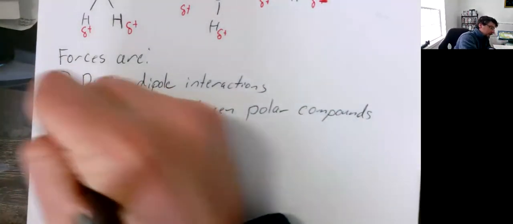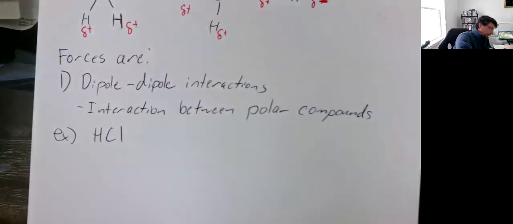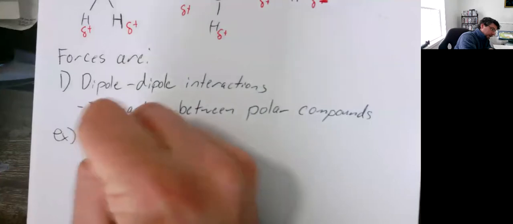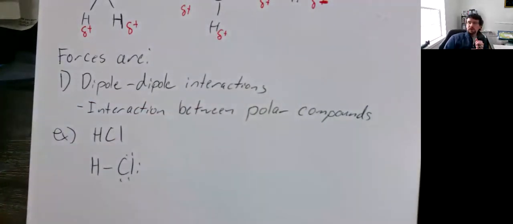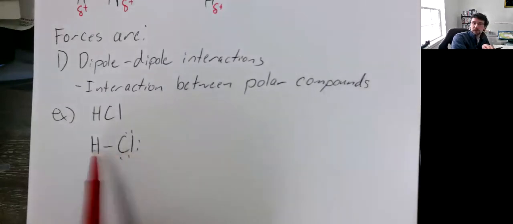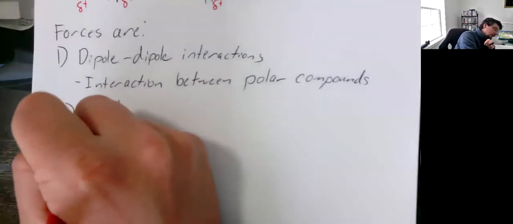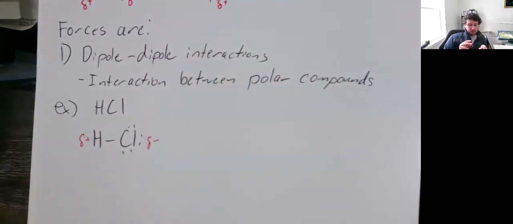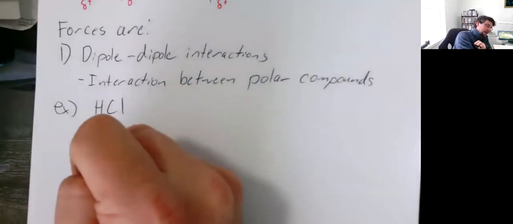As an example, let's consider HCl. We have hydrogen and chlorine attached to one another. We'll assume this is in a gaseous state, so it isn't under aqueous conditions where this would be a strong acid and split apart. We get a partial positive on the hydrogen side and a partial negative on the chlorine side, because the chlorine's more electronegative than the hydrogen.